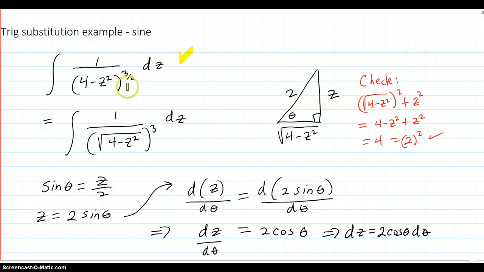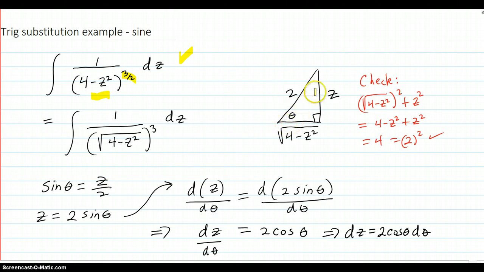And we realize that 3/2 is the same as 1/2 of the quantity then raised to the third power. So this is 1/2 power of 4 minus z squared raised to the third power, which is the same as the original quantity raised to 3/2.